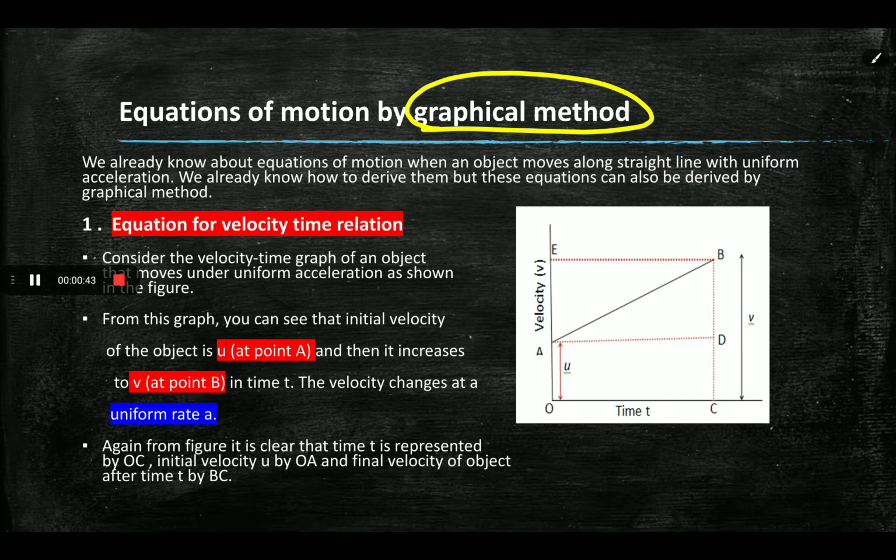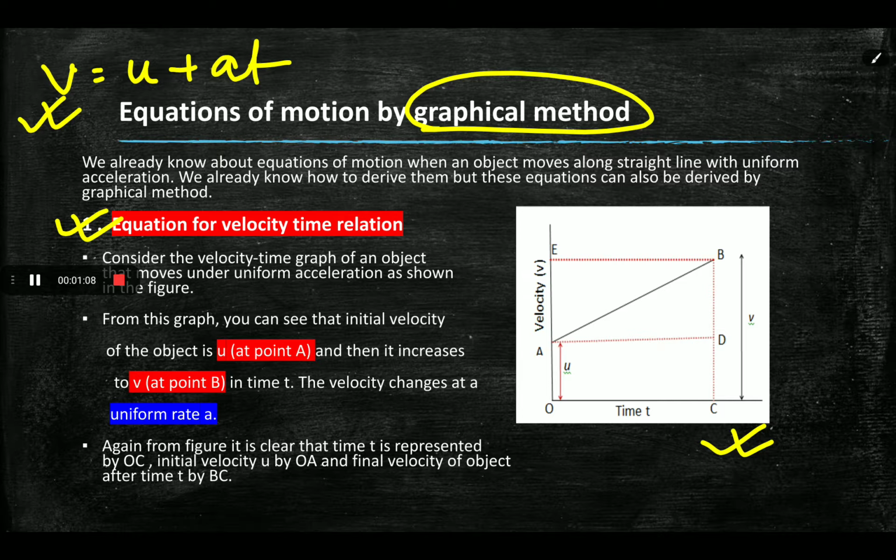Here the first equation of motion is v is equal to u plus at. This equation of motion is also known as the equation for velocity-time relation. As you can see in the image, we have a velocity-time graph of an object that moves under uniform acceleration.